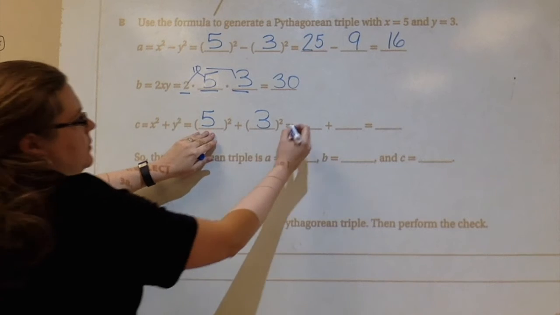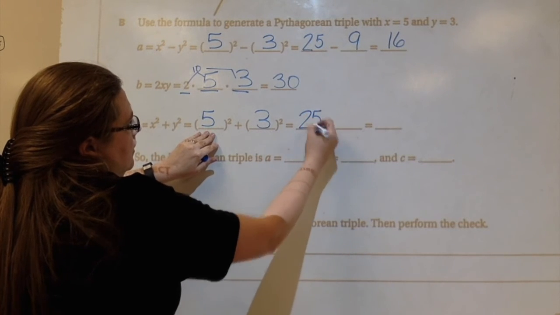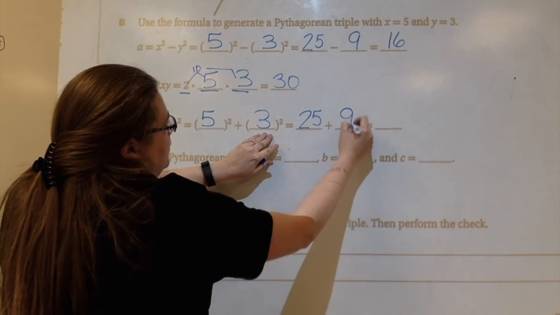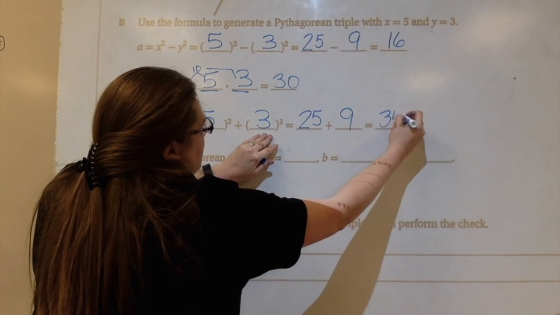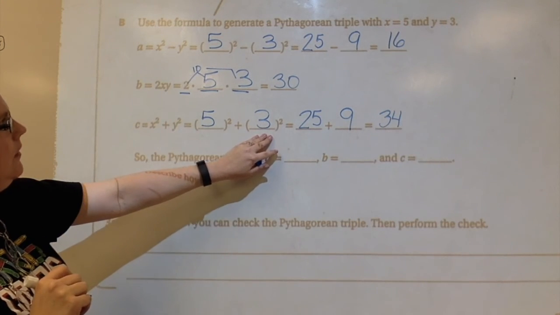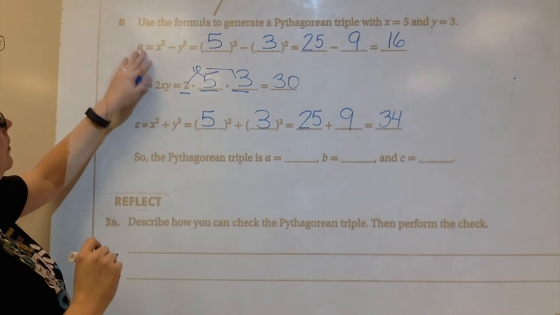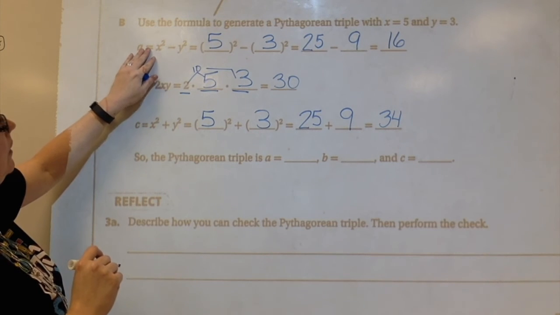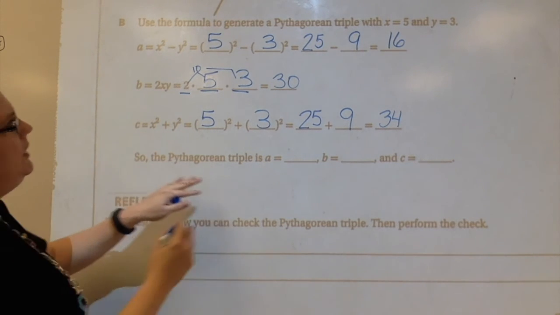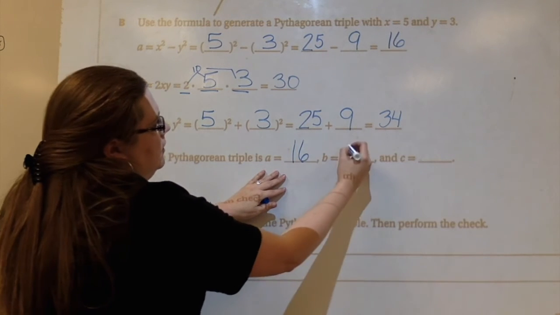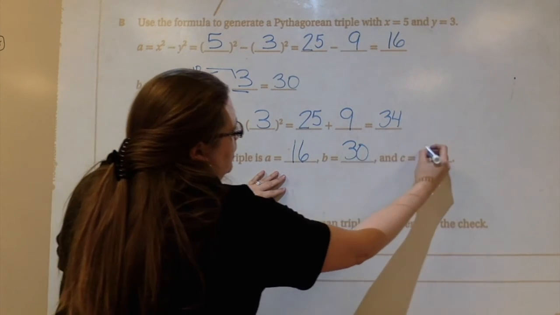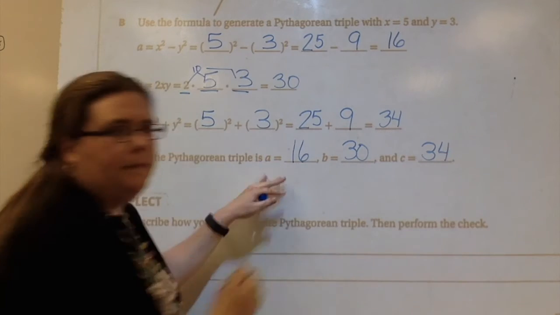Here we have 5 squared plus 3 squared. So, we have a, b, and c as 16, 30, and 34.